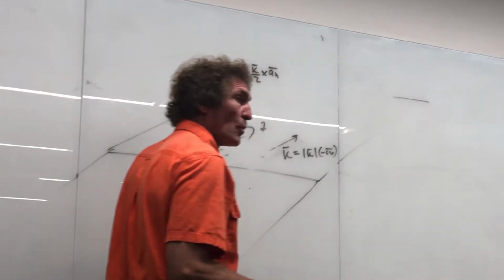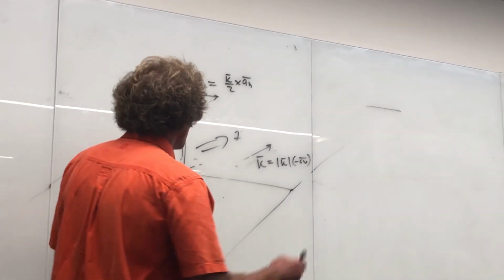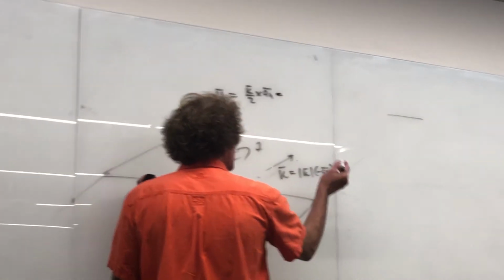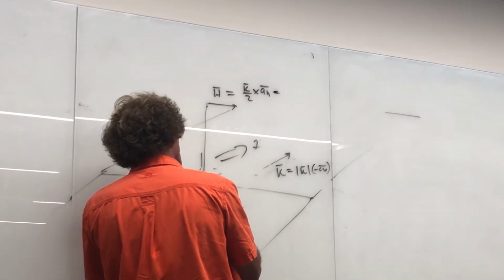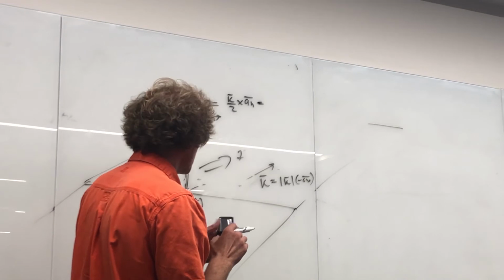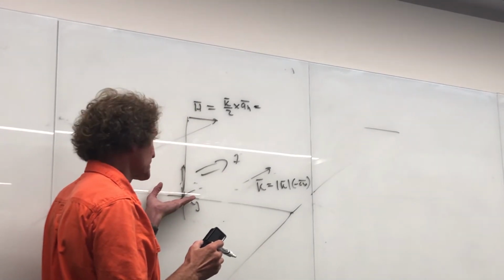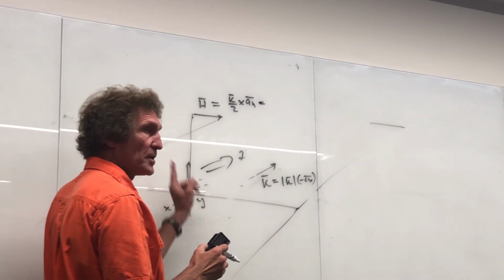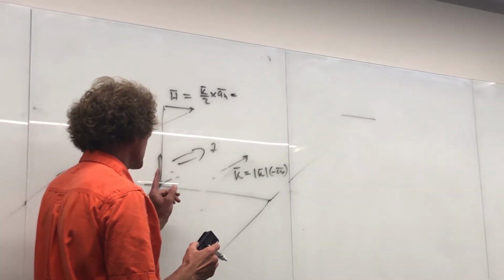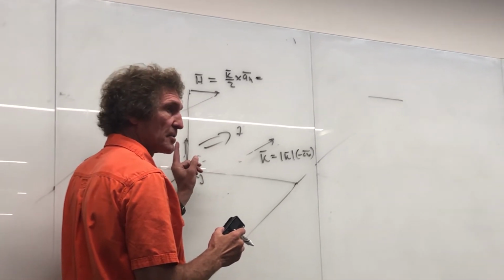Now, for ours, the way I've drawn it, K is minus AX. A normal is a vector normal to the surface where the sheet current exists. So A normal is always pointed away towards the point of observation. In this case, the normal would be AZ. Do you agree?